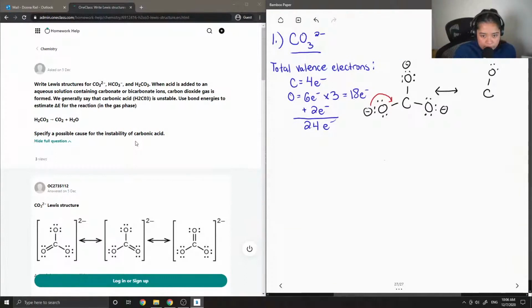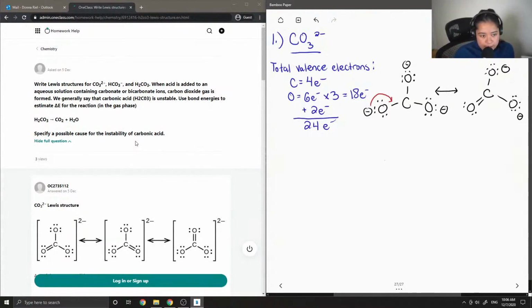So now we can draw out pretty much the same thing, except now there is a double bonded carbon-oxygen bond, and only 6 valence electrons on that oxygen.